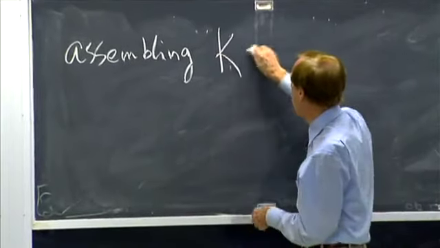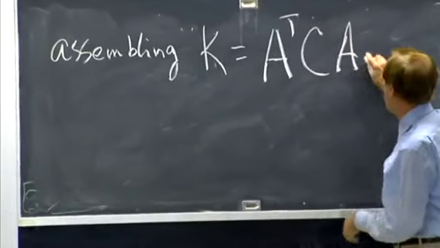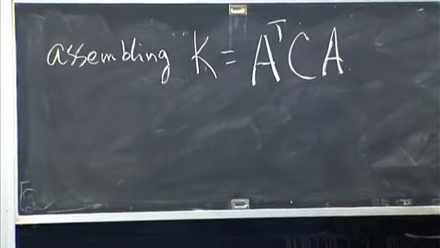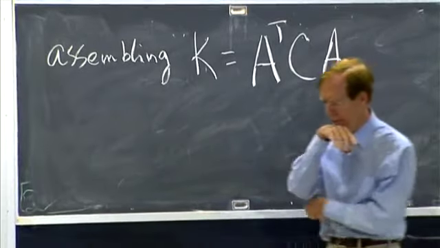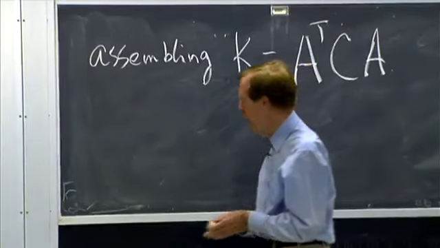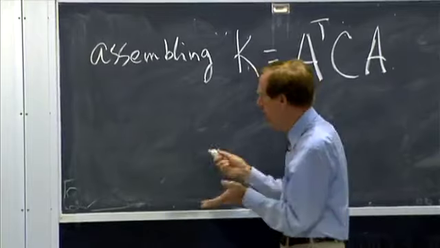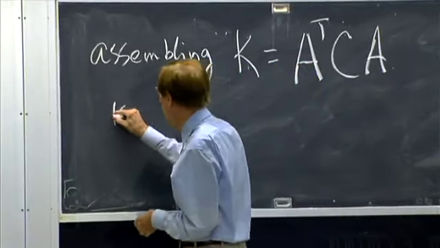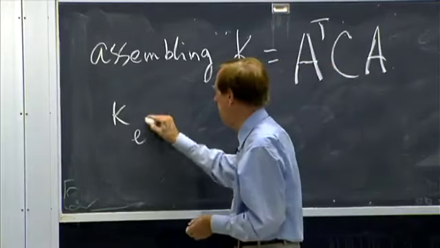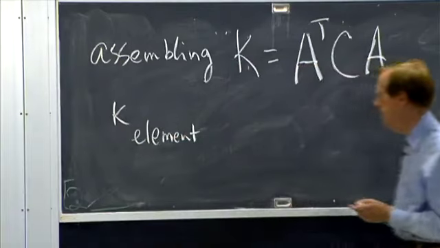We were assembling K, and one way to do it was to multiply the 3 matrices. But that's not how it's actually done. It's actually assembled out of small matrices. Maybe small k would be right. So this would be a K element out of smaller element matrices.